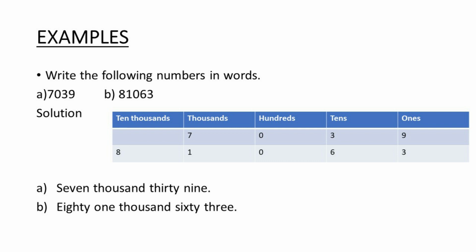Now when we write this number in words, you can see that 7 is occupying the thousands place. So what will we write in words? 7 thousand.